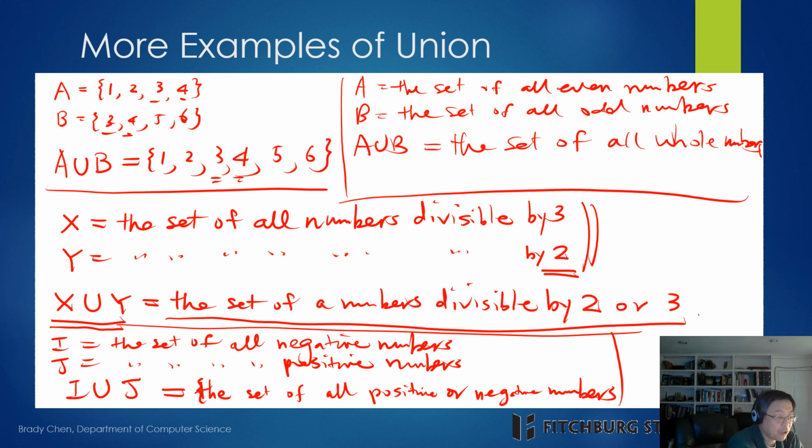But I union J does not. This is a new set, but it does not contain 0. Or you can say I union J is the set of all non-zero whole numbers. That should be okay, right? It does not include 0.